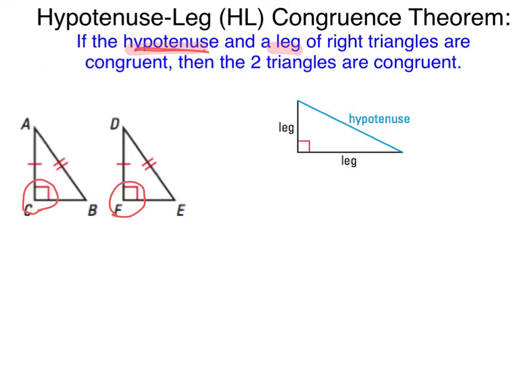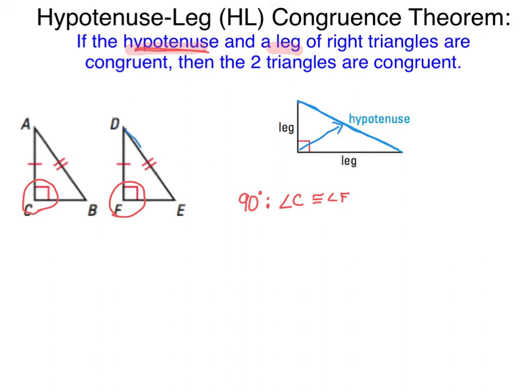So to set this up, the very first thing to try to do hypotenuse leg is I might start by writing down 90 degrees and then label the angle. In this case, I could say angle C is congruent to angle F, and those are my 90-degree angles. And then I have to have the hypotenuse. Remember, the hypotenuse is the longest side of a right triangle and always across from the right angle.